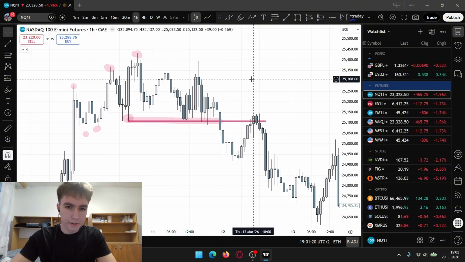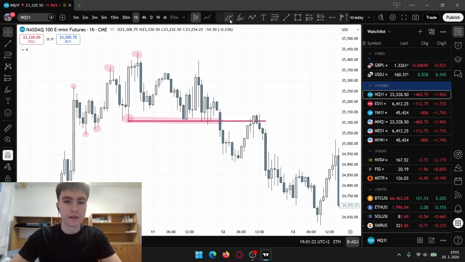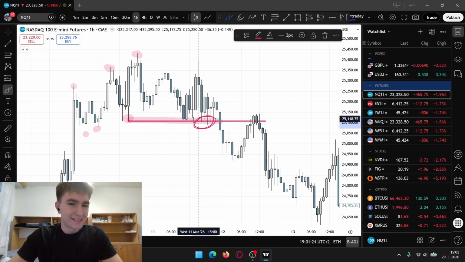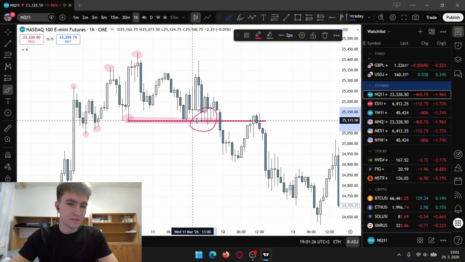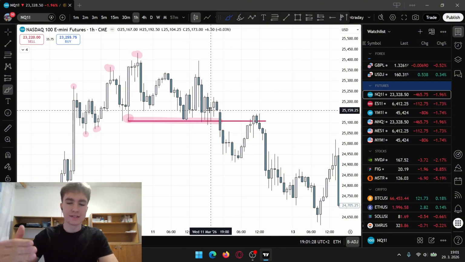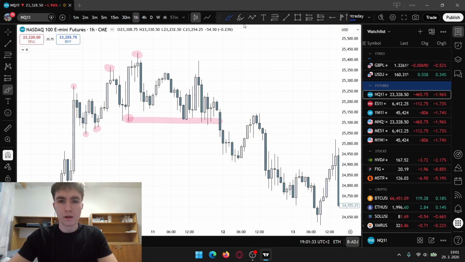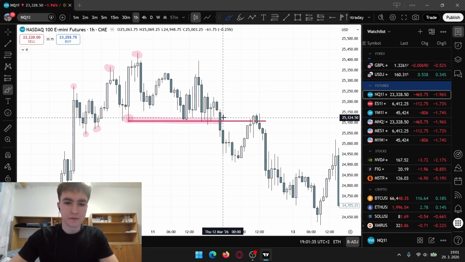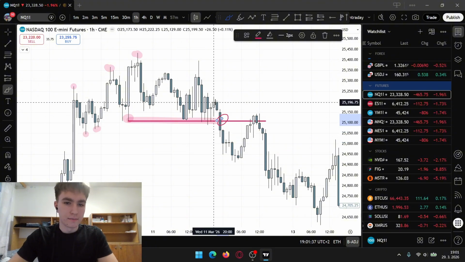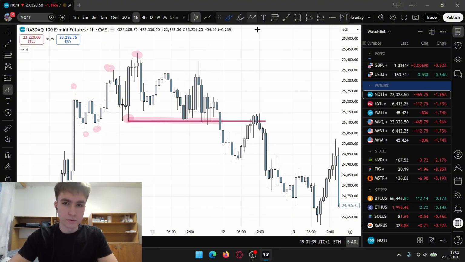But when we broke it, also, I forgot to mention, you do not take this as a broken level unless the price actually closes below the swing low. So the market structure shift actually happened here, when the price closed and formed the next swing low.